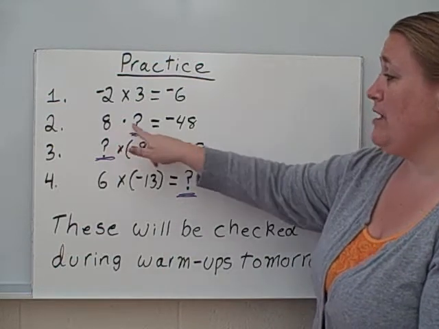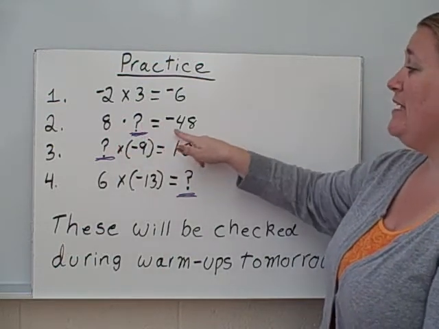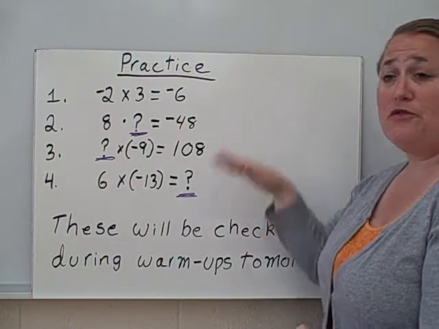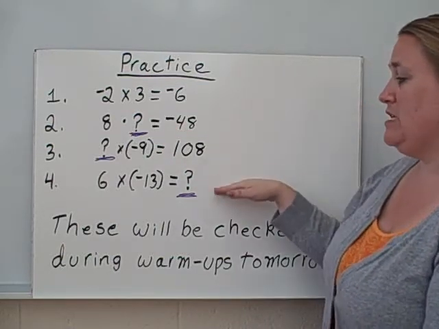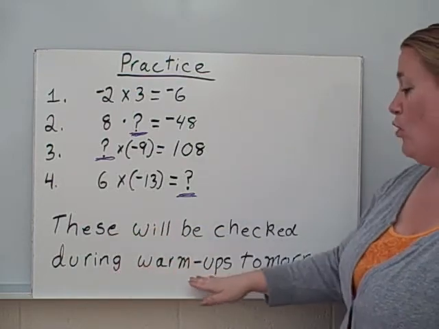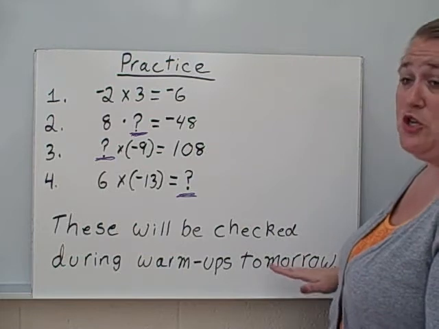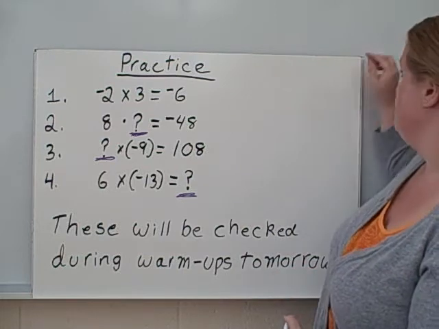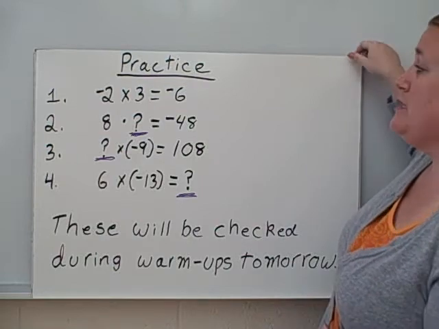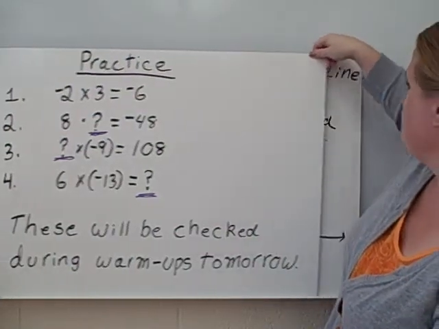So 8 times what number will give you 48 or negative 48. So use your fact families to help answer these problems. These will be checked during warm-ups tomorrow, so make sure you do these. If you need to, pause the video to make sure you get them down.